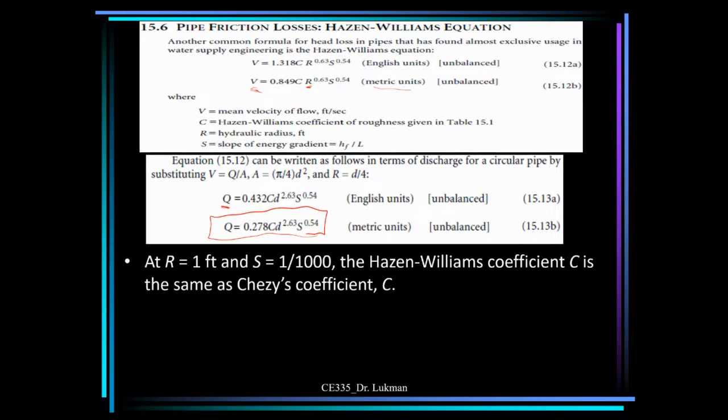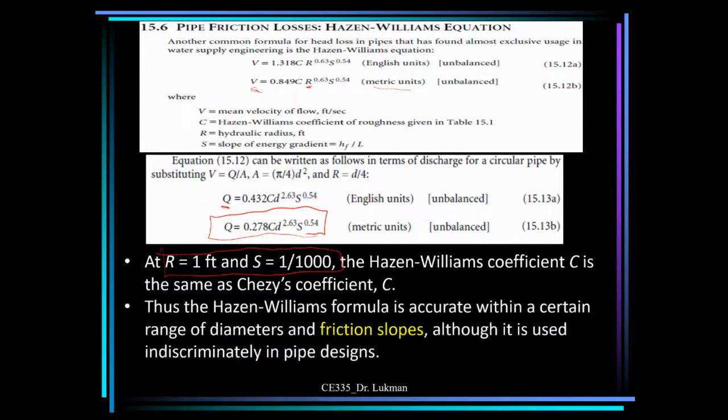At R equals 1 and S equals 1 over 1000, the Hazen-Williams coefficient C is the same as the Chezy coefficient.